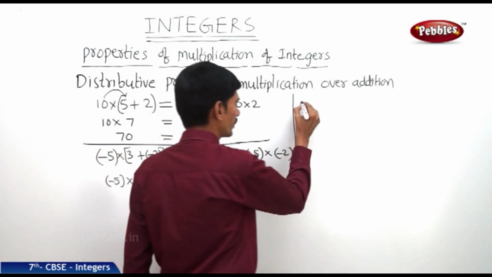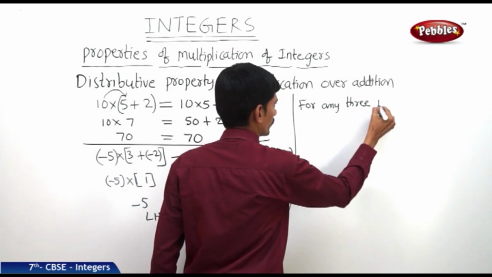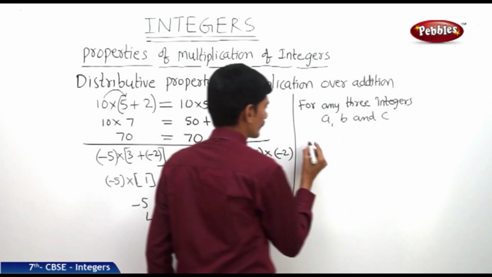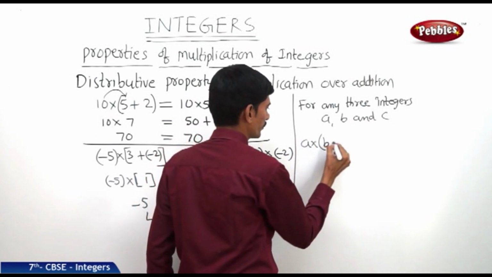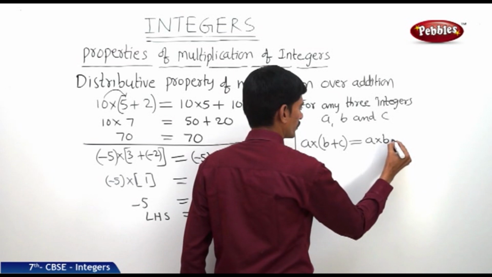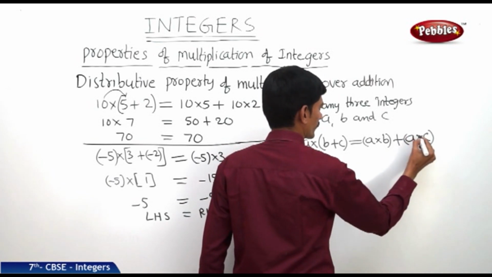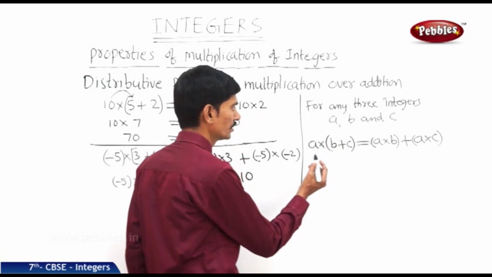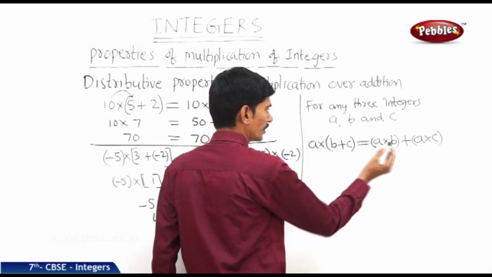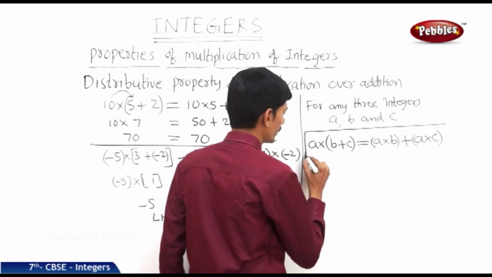So we can conclude that for any three integers A, B and C, we can write that A into (B plus C) equals A into B plus A into C. Here A is multiplied by B, so A into B, plus A is multiplied by C, means A into C. So this is true for any three integers A, B and C.